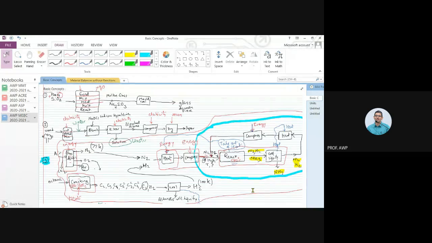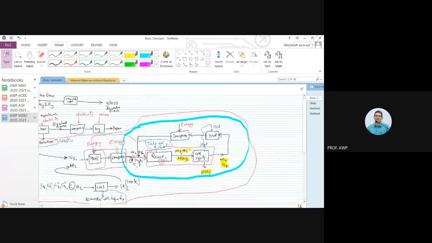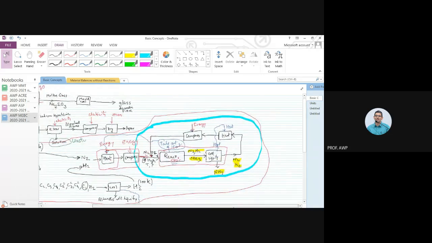So in 12th standard, how many pages did you read about the ammonia process? 2 to 3 pages maximum. Do you think that 2 to 3 pages of information is all depicted here? You tell me which part of that 2 to 3 pages of description is not depicted in this diagram.